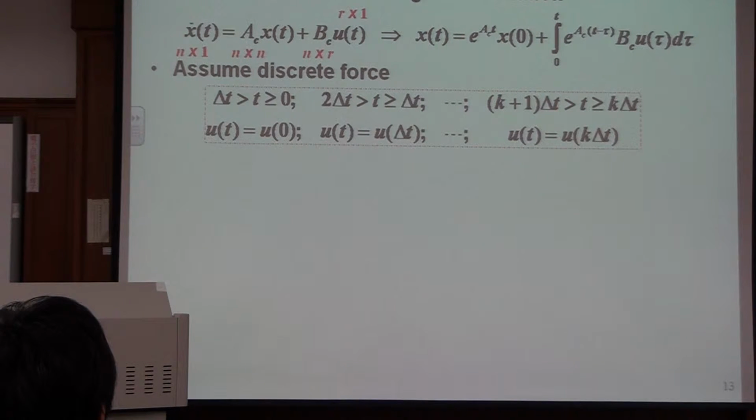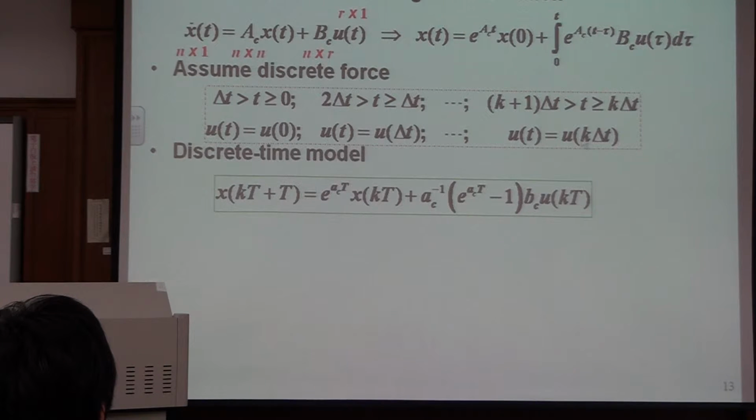You have to say u(t) equals u0, a constant vector, from 0 to delta t. From delta t to 2 delta t, u(t) is still a constant, u(delta t). From k delta t to (k+1) delta t, u(t) equals u(k delta t). If that's the case, the discrete time model becomes this.